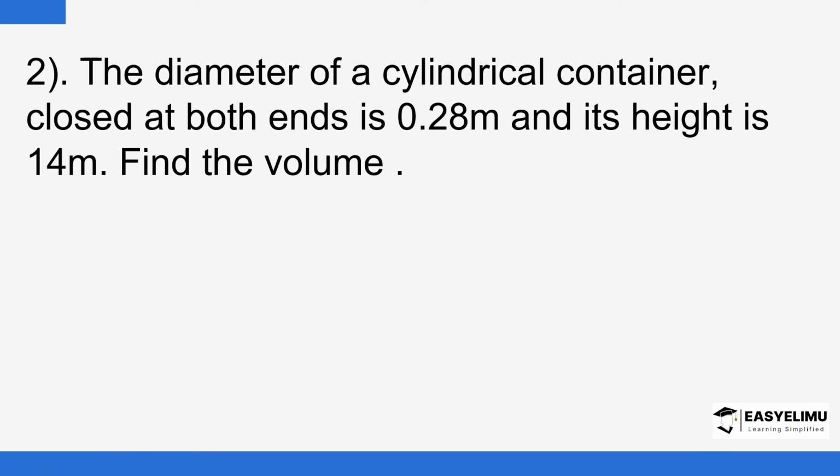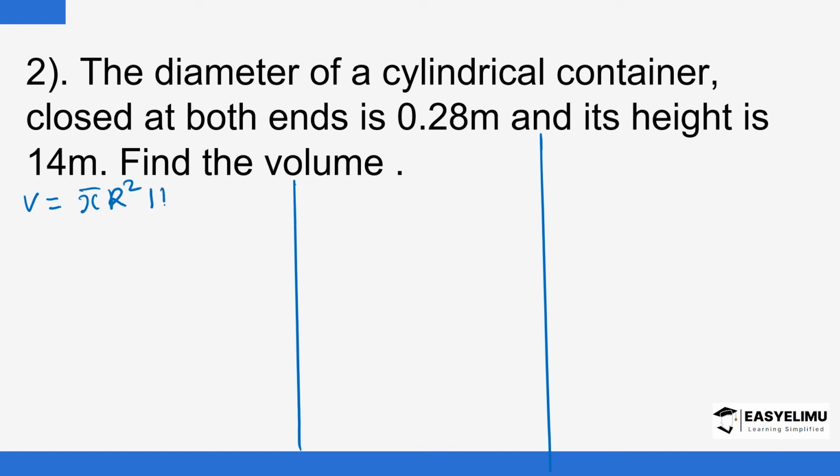So we have again the second example here. The diameter of a cylindrical container closed at both ends is 0.28 and its height is 14. Find the volume. So again, I will just use the formula. V is equal to pi r squared h.